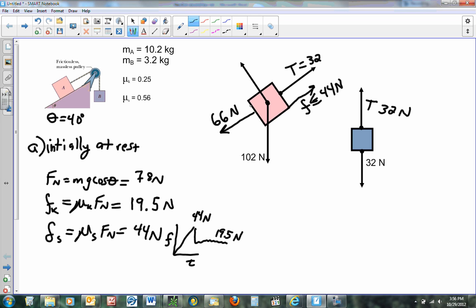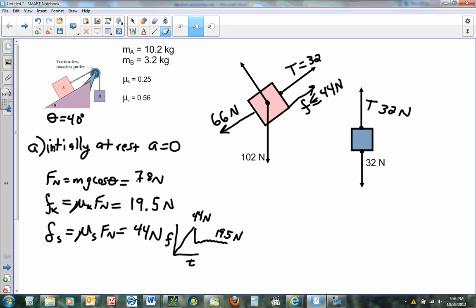Friction can't make the upward force larger than 66, but it can make it at least 66. So because this can be less than or equal to 44, it's not going to move. So the A part is A equals 0. That's the A part.